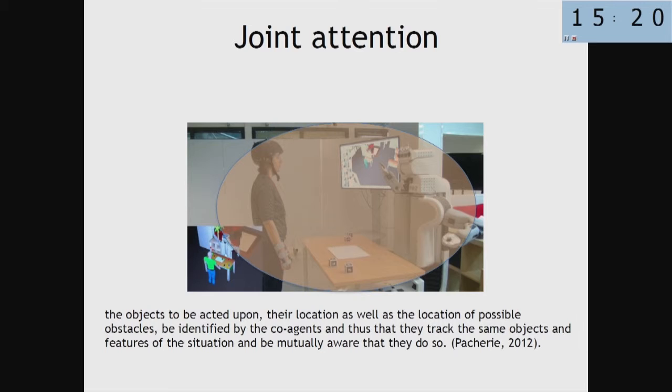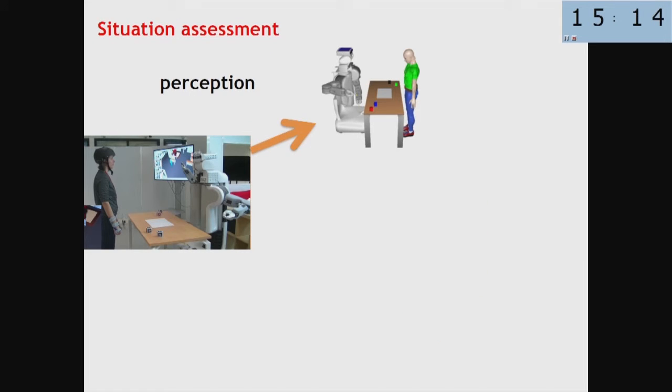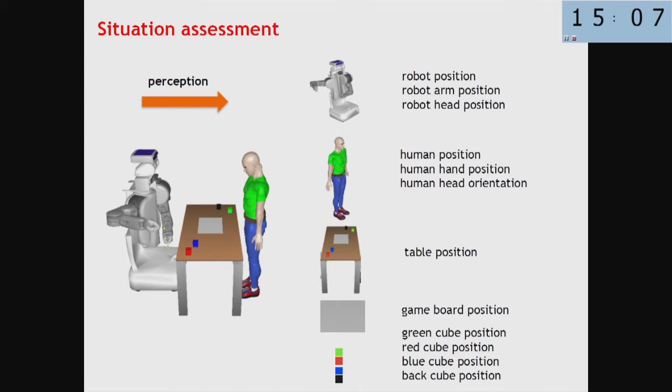So if we try to implement that, what does it mean on the robot side? It means that we need what we call in robotics situation assessment. So we need perception: the robot needs to be able to get its position, the position of the human, the position of the object in the environment.